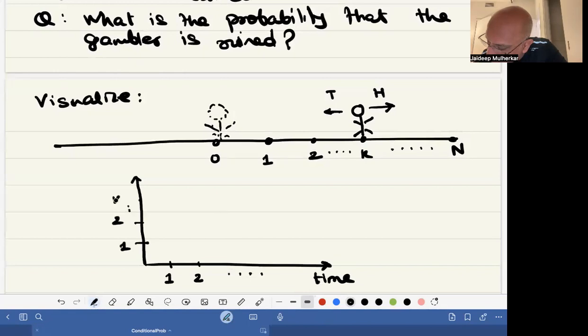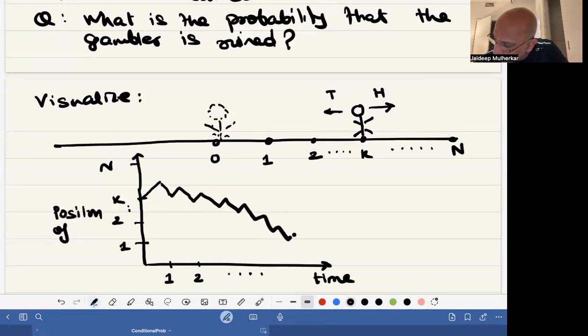He starts somewhere over here at K, and somewhere over here is n. Suppose he starts at K and a head occurs, then he will move one step up, so he'll go to K plus 1. And then he can move in this sort of zigzag manner. And maybe at some point, he will cut the x-axis, and then he will be ruined. So this is the place where the gambler is ruined.